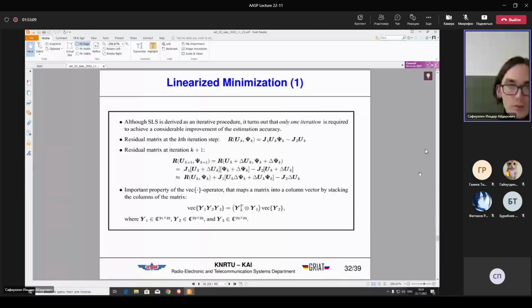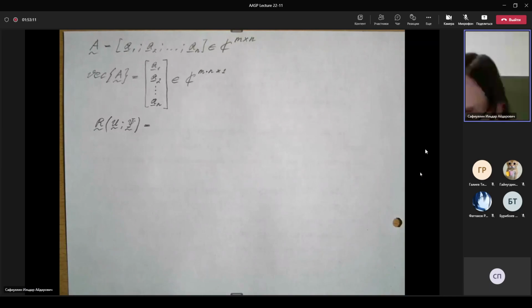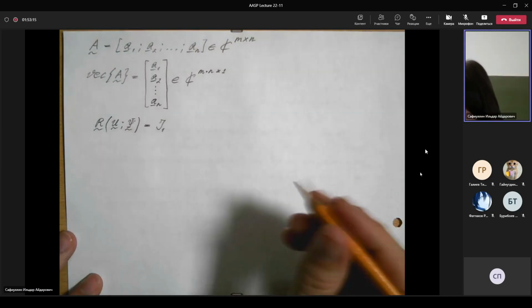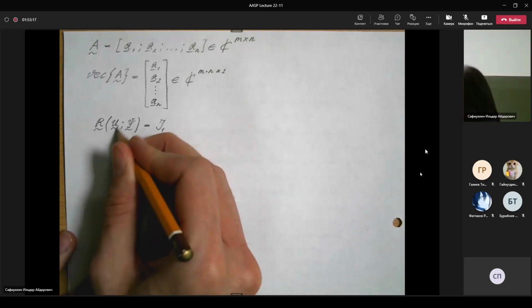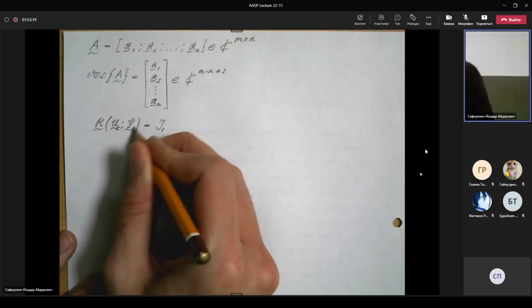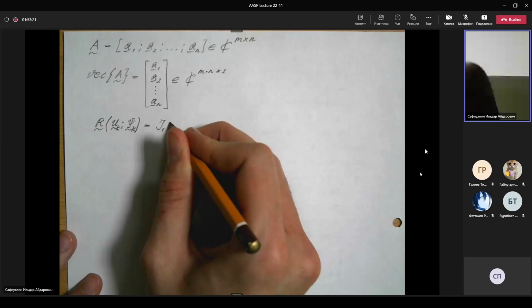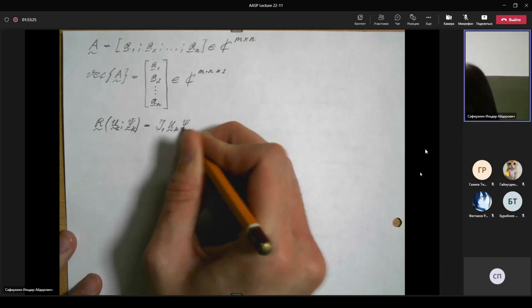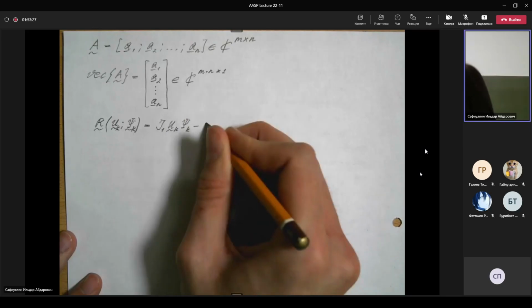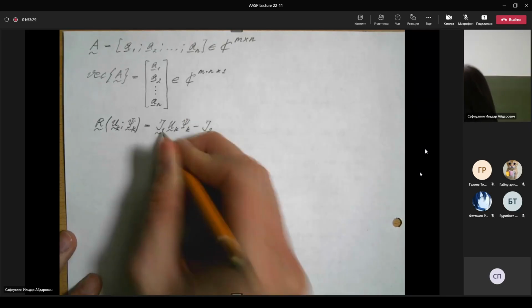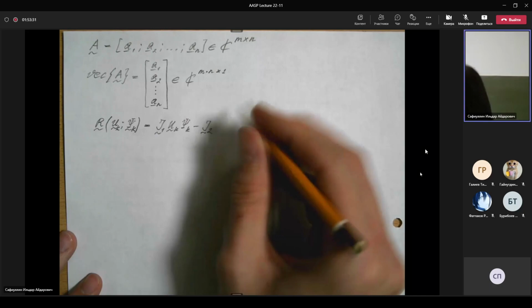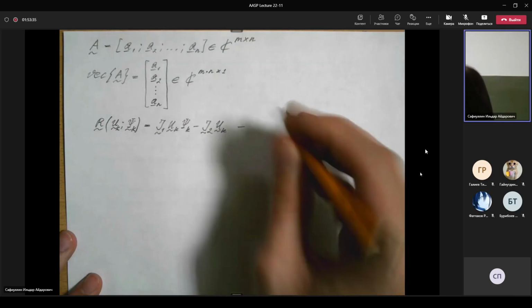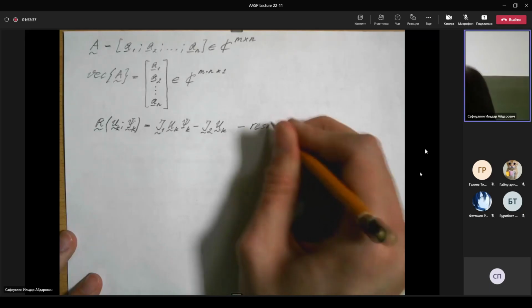J1, J1. And maybe let's keep K and K here. J1 U sub K times Xi sub K minus selection matrix 2 times U sub K. This thing is residual.